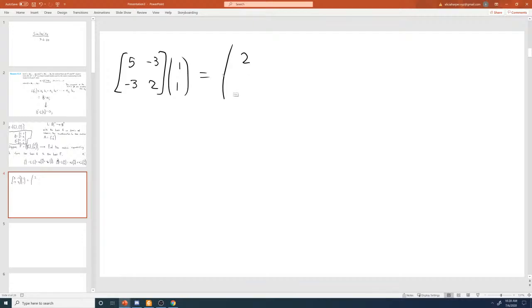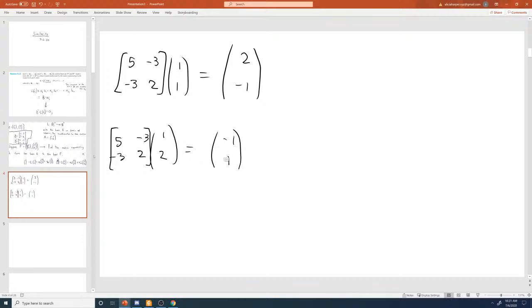2 and negative 1. I also have to multiply the vector 1, 2 by B inverse. So 5, negative 3, negative 3, 2. If I do that, I get negative 1, and down the second component, I get positive 1.